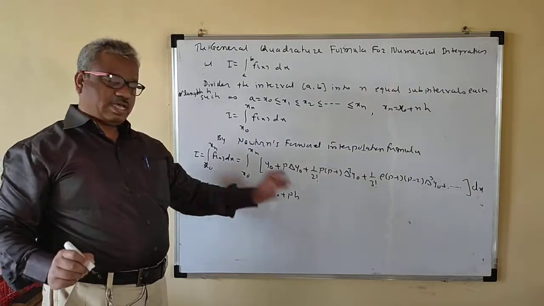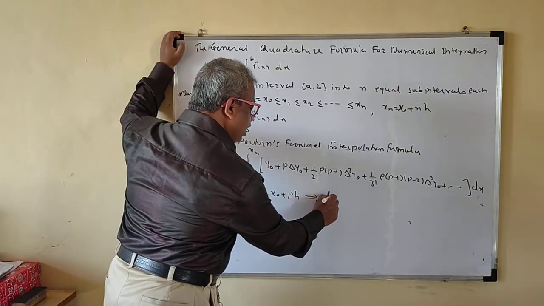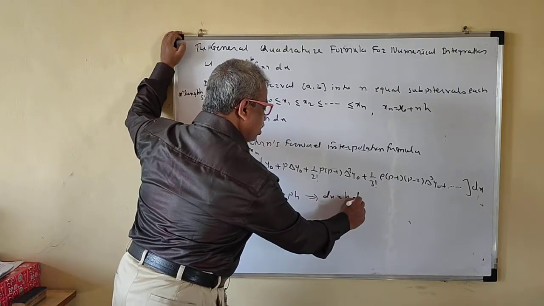Here x is equal to x naught plus ph, so this implies that dx is equal to h dp.